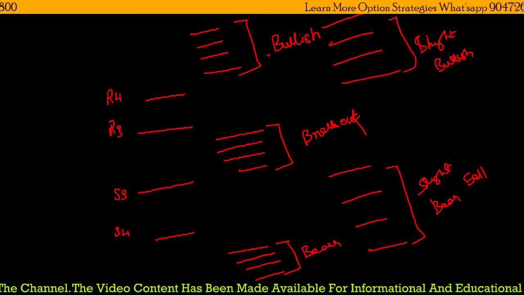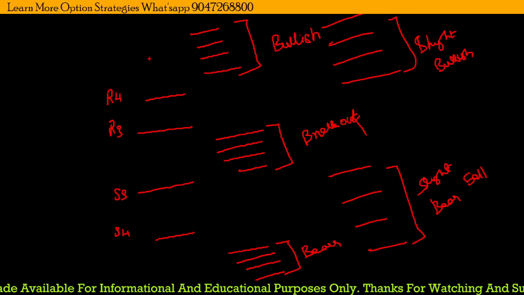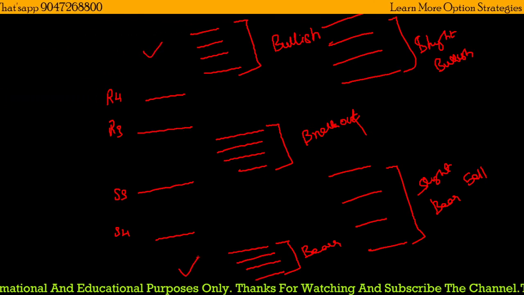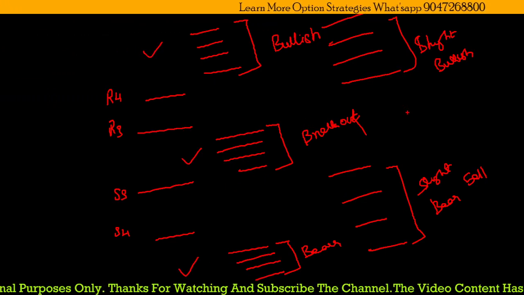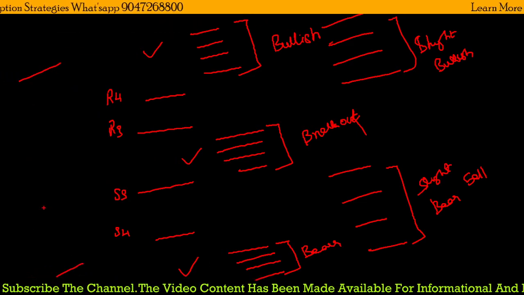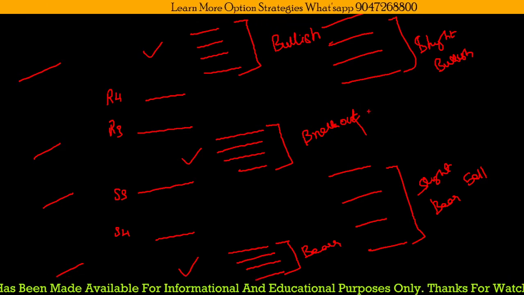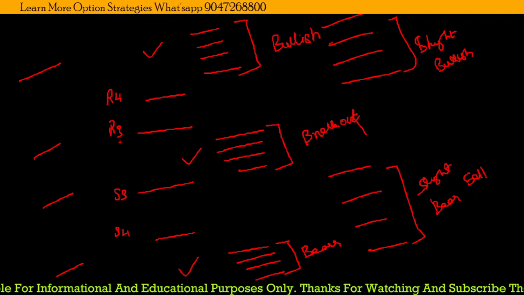This is almost 5 patterns which we have seen here. The most important patterns are the bullish, the bearish and the breakout. Some levels are outside the previous day. We don't have the space to draw here, but this is today and this is yesterday, right?